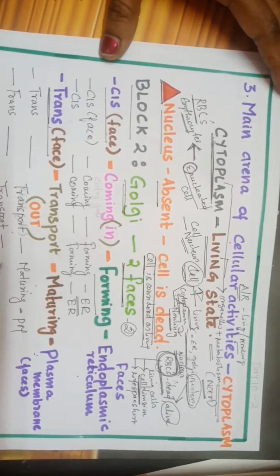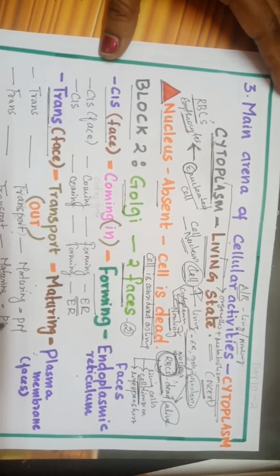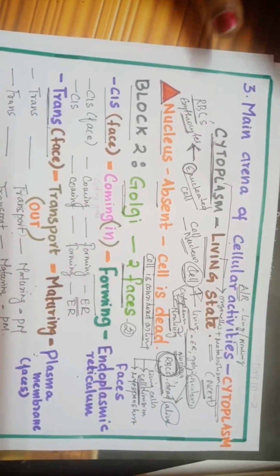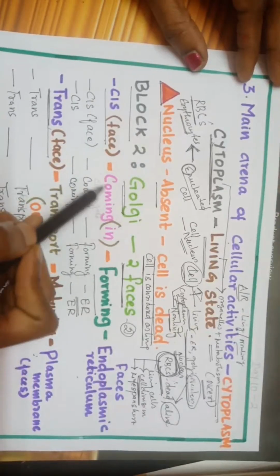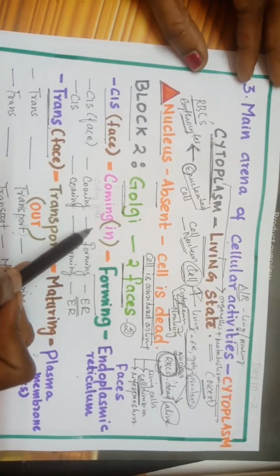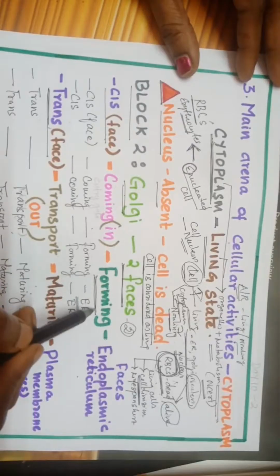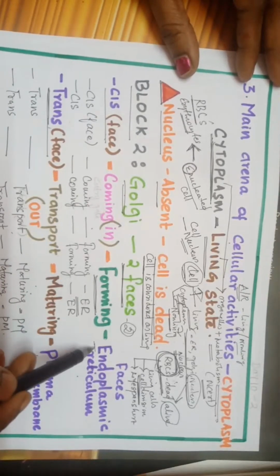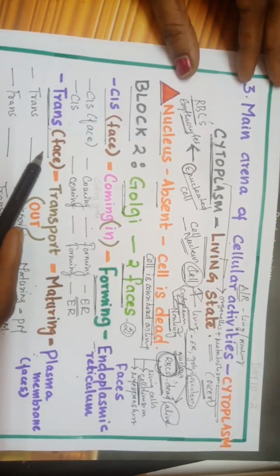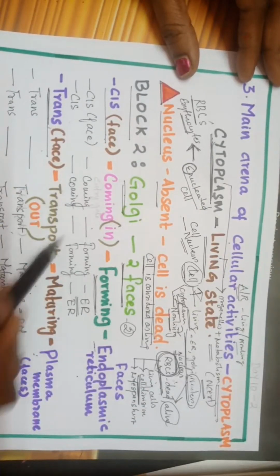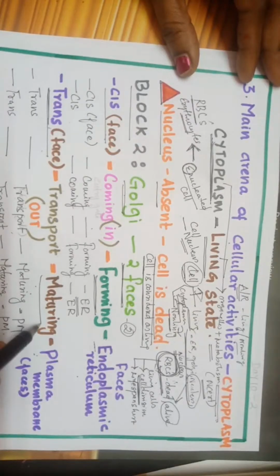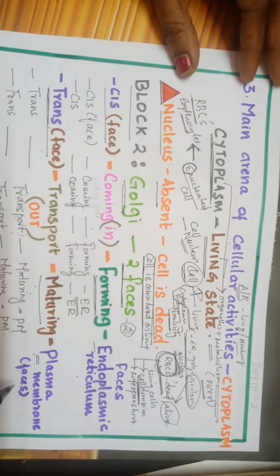Understood? Cis phase: C for C, the phase which receives from the endoplasmic reticulum, also called the forming phase, which faces the endoplasmic reticulum. Next you have the trans phase, T for transport. It transports out, the exit gate, also called the maturing phase, which faces the plasma membrane.